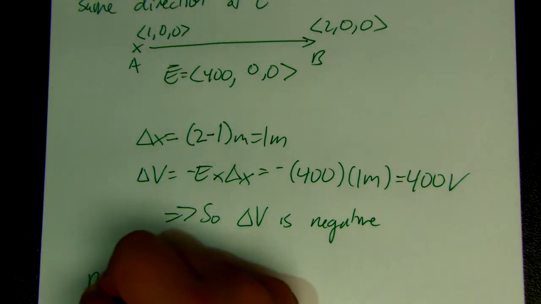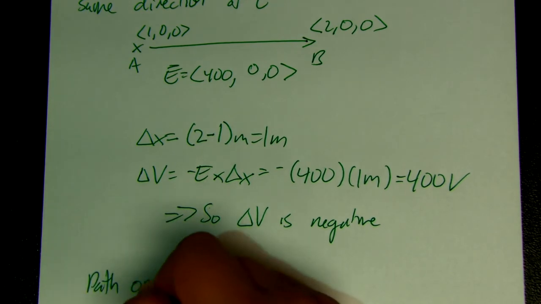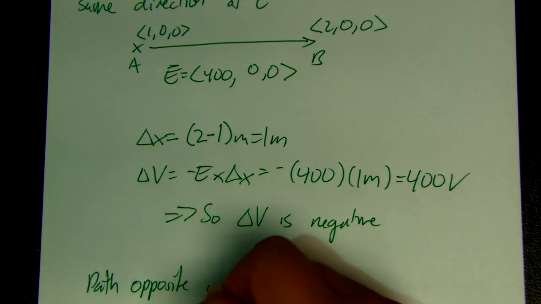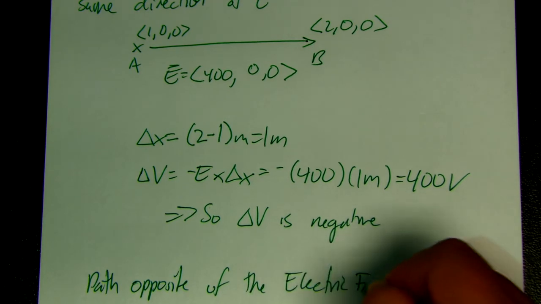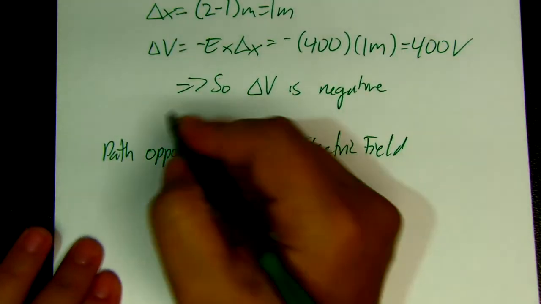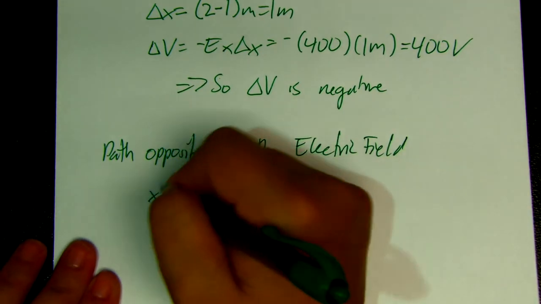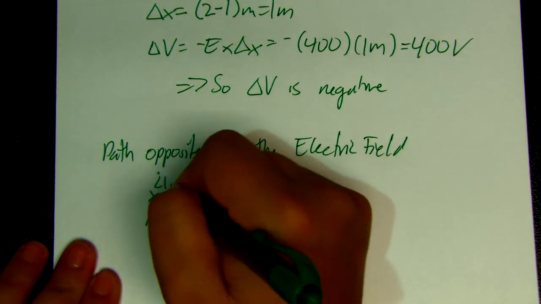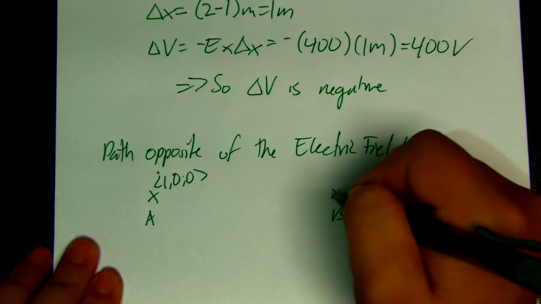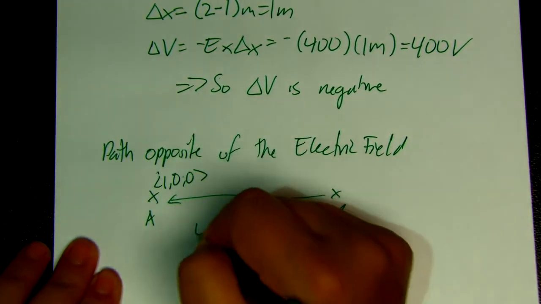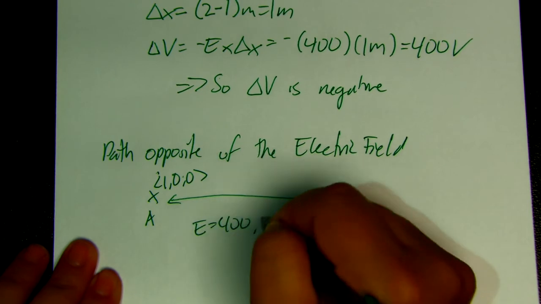Now let's look at a path opposite of the electric field. In this case, we'll still have A at 1, 0, 0, and B over here. Now we're going B to A, same field.